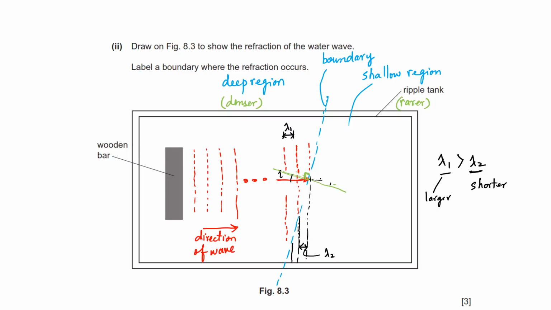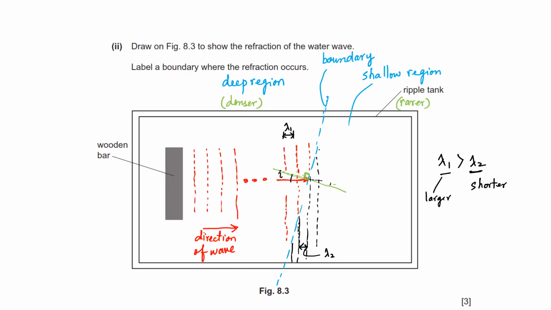You can always draw a couple of shorter wavelengths compared to the wavelengths coming from here. So this is how you will draw this diagram, and make sure you draw all these things very precisely and very clearly to get complete credit.